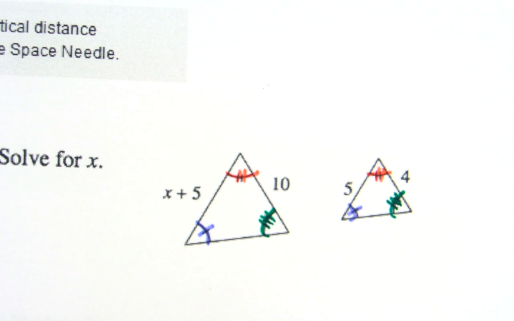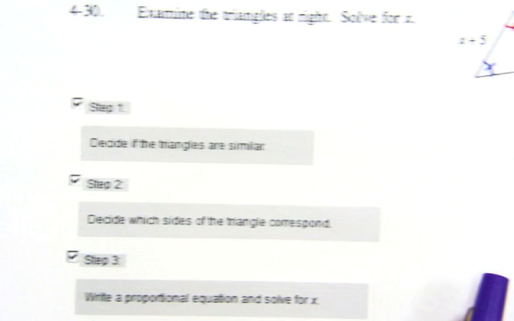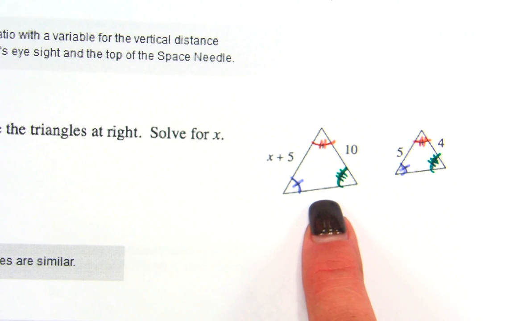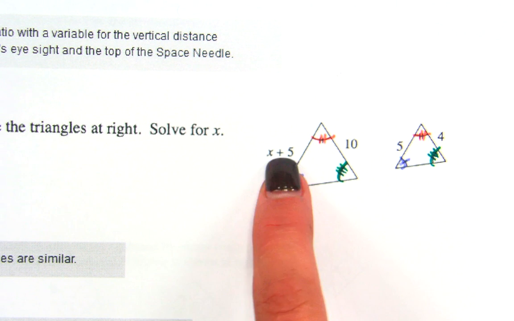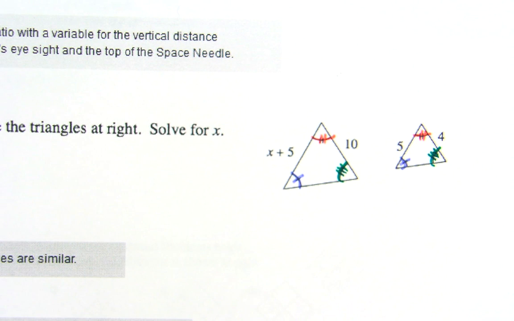Okay, so please set up a proportion. It actually does say that. So it says on the first step, decide if the triangles are similar, and they are. You have to prove that the two triangles are similar before you start making a proportion. You cannot solve for x, find a scale factor, and then say that the triangles are similar by side-angle-side. That's not why they're similar.